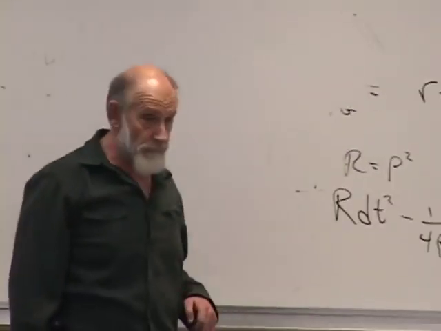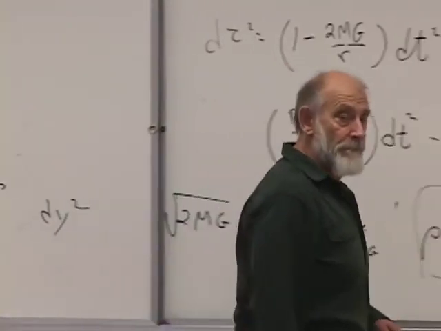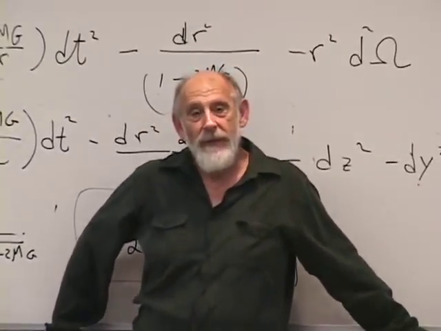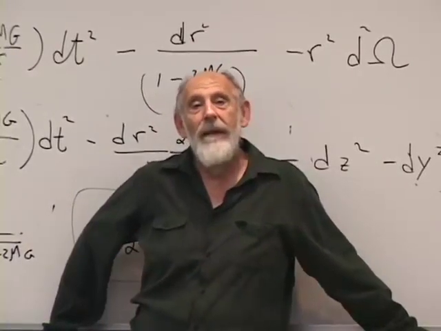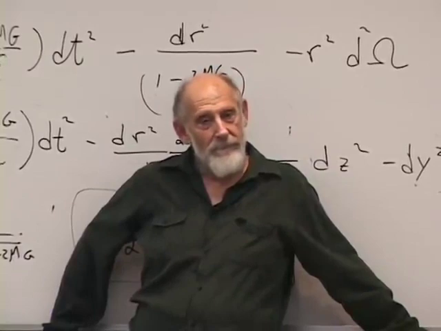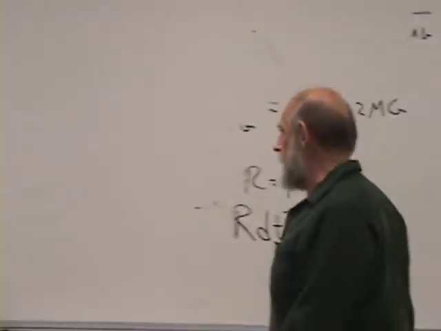Well, if one friend is ahead of the other, then they can't be talking. Oh, yes, they can. One can be behind the horizon quicker than the other. If one is a little ahead of the other, then they can't communicate when one gets behind the horizon, the other's still outside. Well, okay, so let's analyze that.